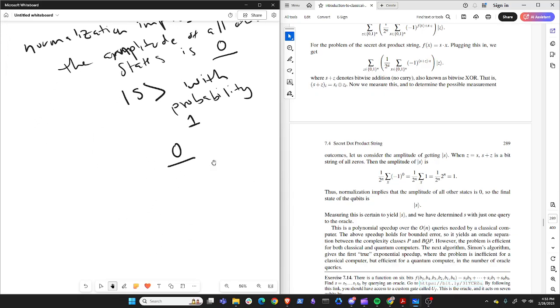So that means that with one query, with the way that this problem is set up, we are guaranteed to get the secret string. So it's a polynomial speedup.